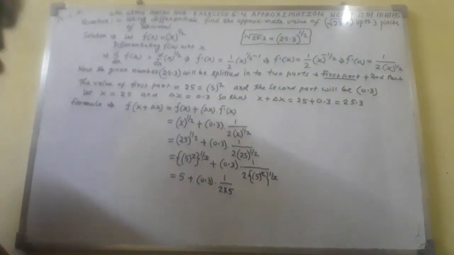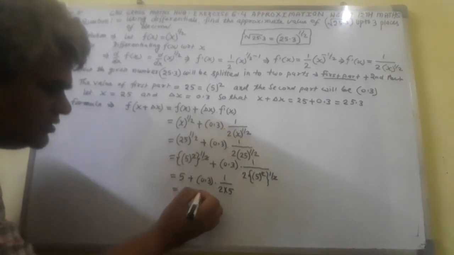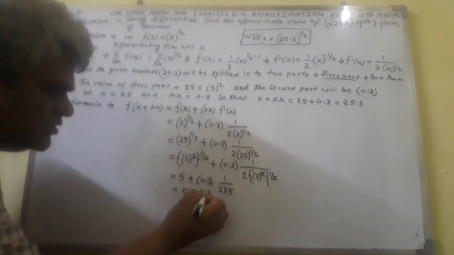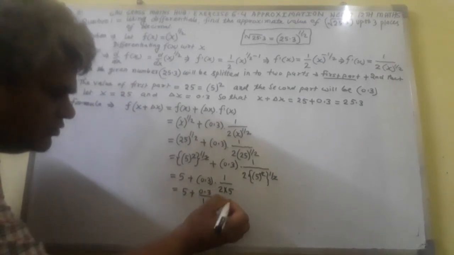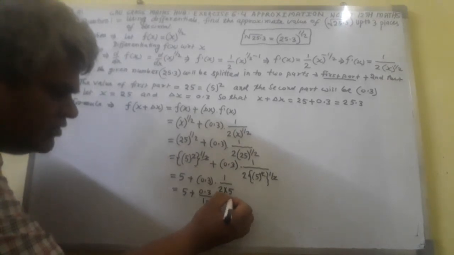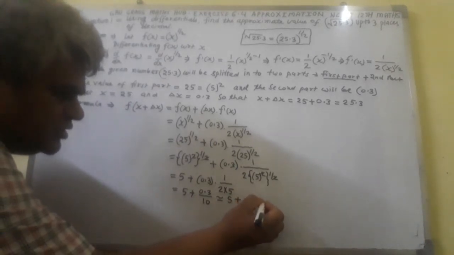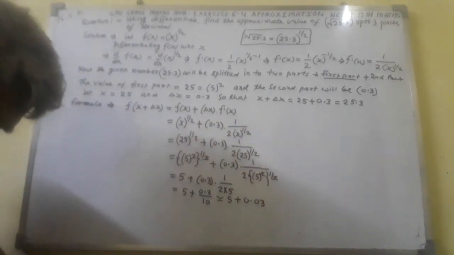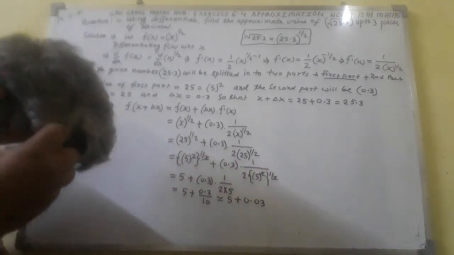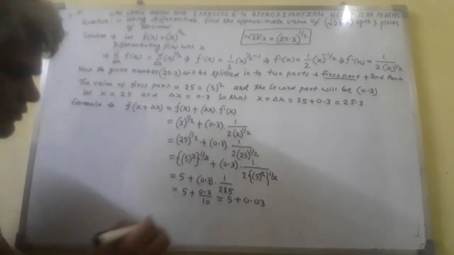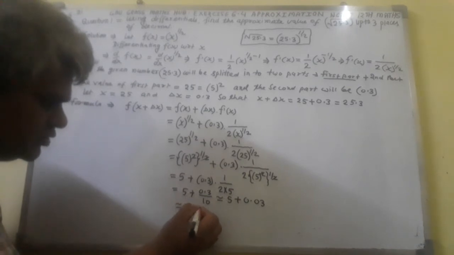So now it comes out to be 5 plus 0.3 over 10, the approximate value. 5 plus 0.03 comes out to be approximately 5.03.